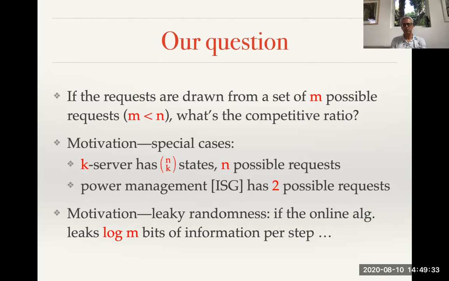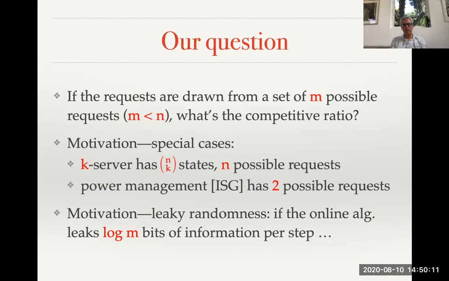And the question here is, what happens if the adversary gets some information on the online algorithm, information beyond what the adversary can derive from the sequence itself? So what happens if the online algorithm leaks log n bits of information, adversarially chosen, per step?